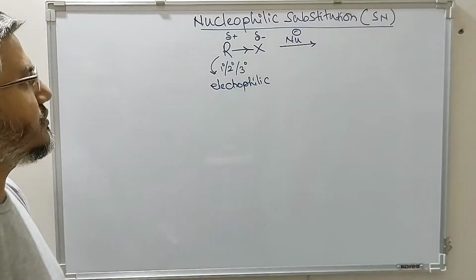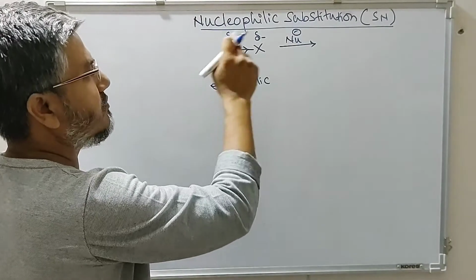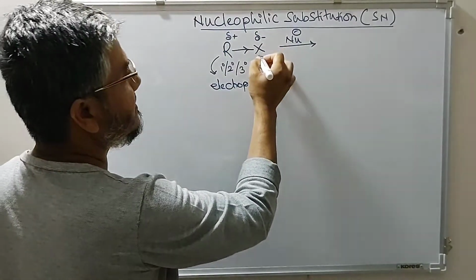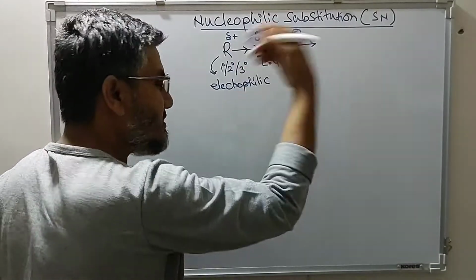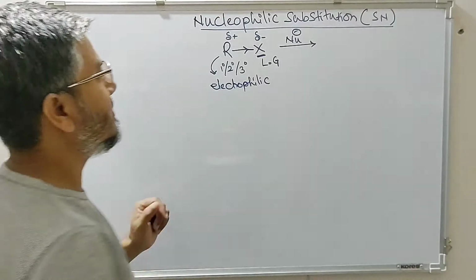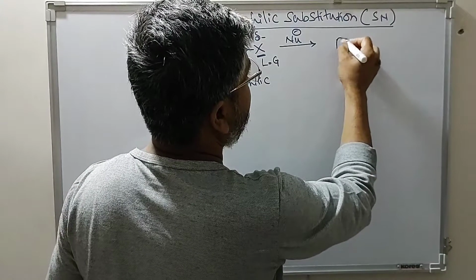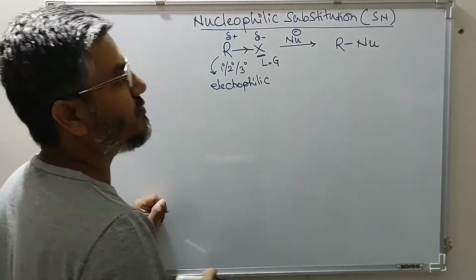So in this reaction, this is the electrophilic site. This electrophilic site will be attacked by the nucleophile, and this X minus, which is known as the leaving group, leaves the system with its electron pair, such that the nucleophile replaces this X minus.